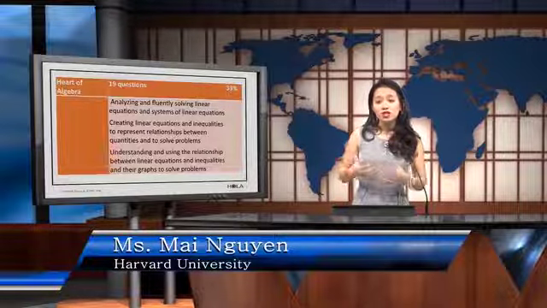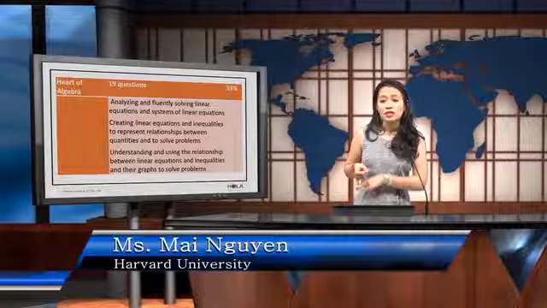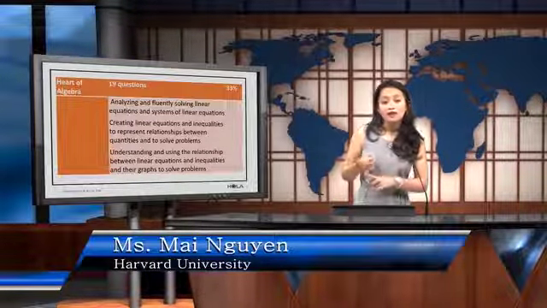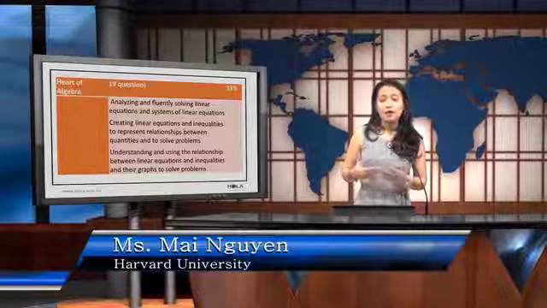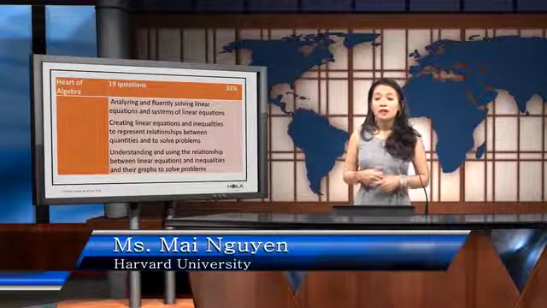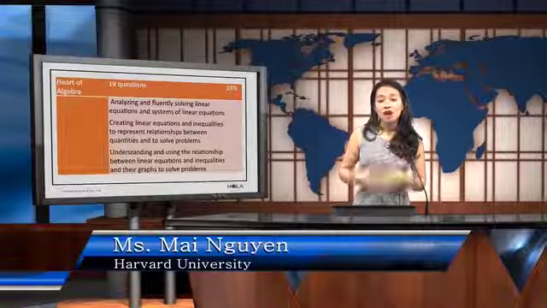Understanding and using the relationships between linear equations and inequalities, as well as graphs, will be very essential, and that would be one of our main focus here. There would be a total of 19 questions, totaling 33% of the test.